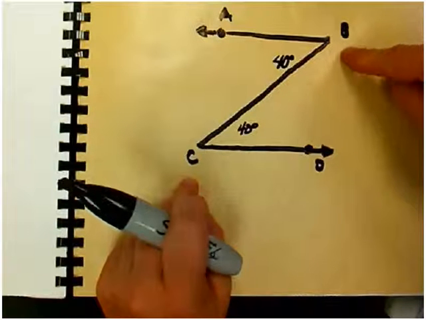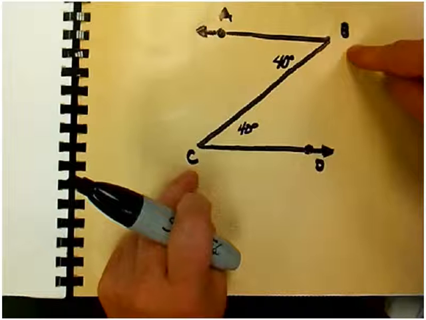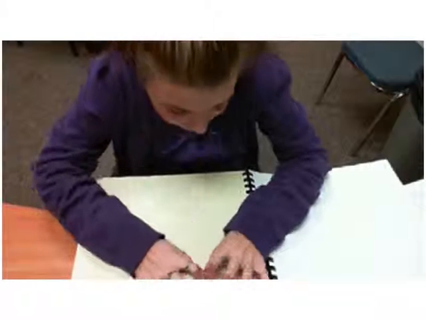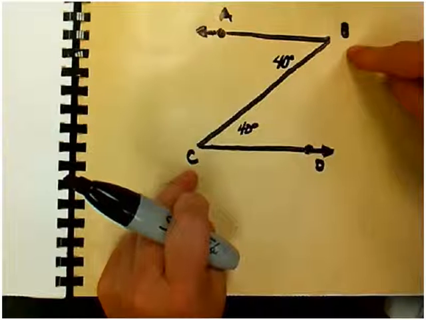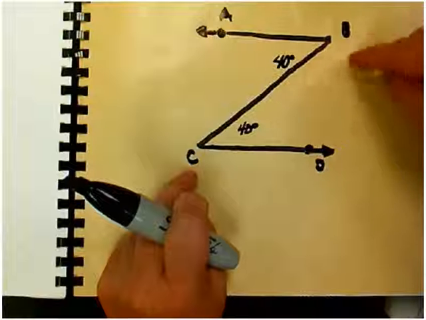Why could I name those angles just by B or C? Why could I say that angle B is 40 instead of ABC? We only share one line. Yes! Nicely done, Stormy. They only share one ray each, don't they? B is not sharing itself with anything else.